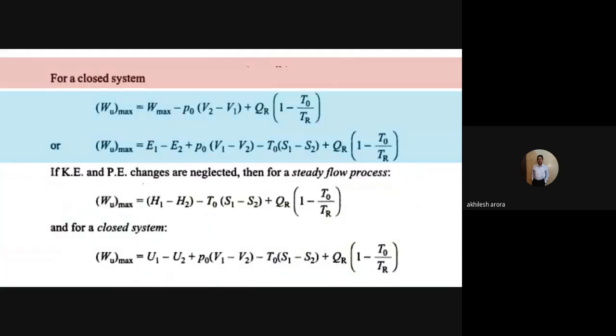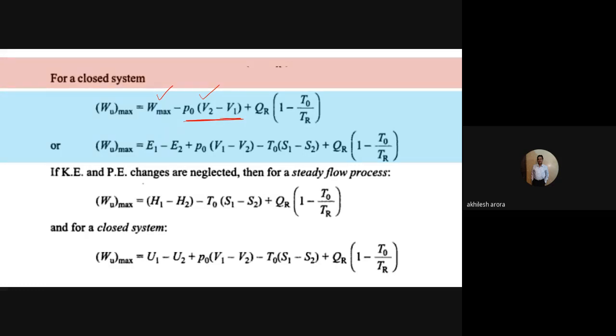Now when we talk about the closed system useful work, useful work is given by W maximum minus P naught into V2 minus V1. This term is the work done against the atmosphere. And now we are also talking about the interaction of the closed system with the reservoir at temperature Tr.